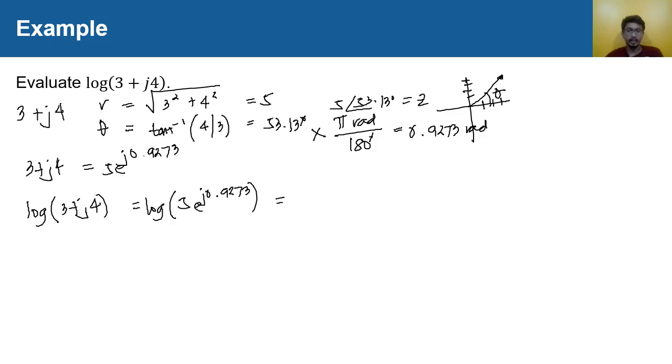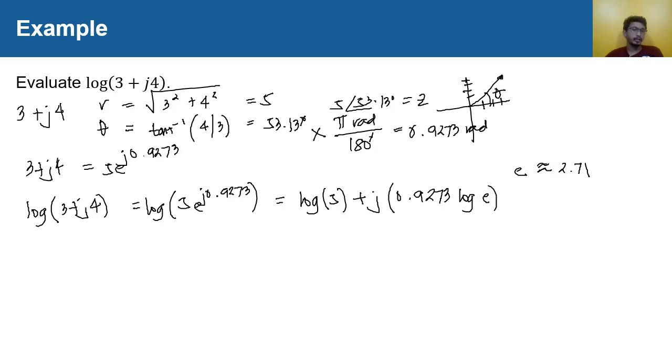So from the formula, we have the logarithm of 5 plus j times theta, 0.9273, times the logarithm of e, or Euler's number. Okay, Euler's number is approximately equal to 2.71.